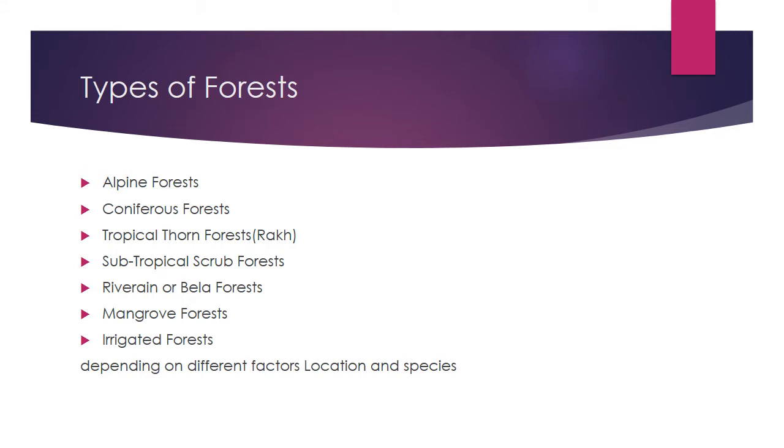So Pakistan is having a variety of forests in different areas, like alpine forest, coniferous, tropical thorn forests or rakh, subtropical scrub forest, riverine or bela forest, mangrove forest, irrigated forest, and these forests have different species and they are located at different locations.